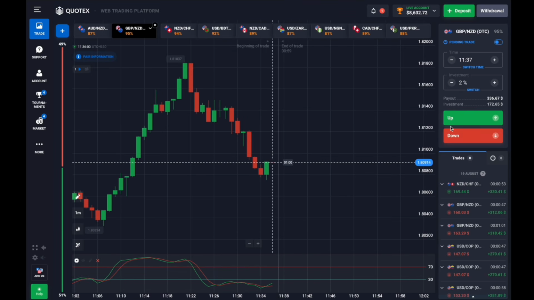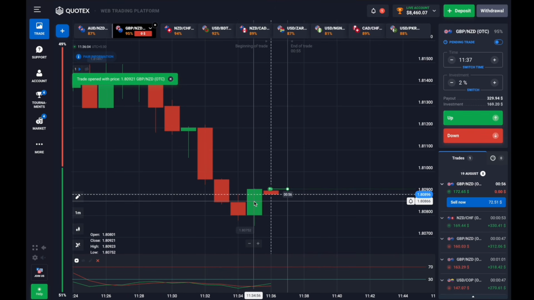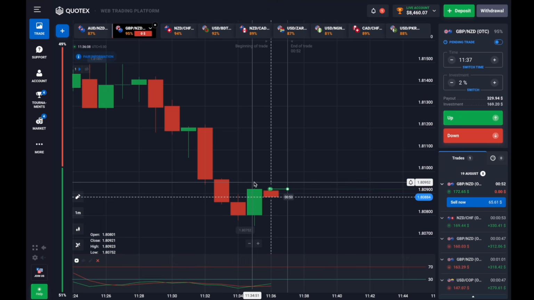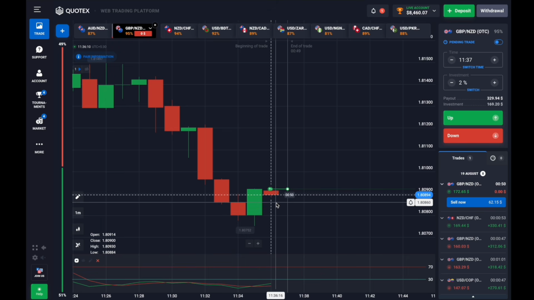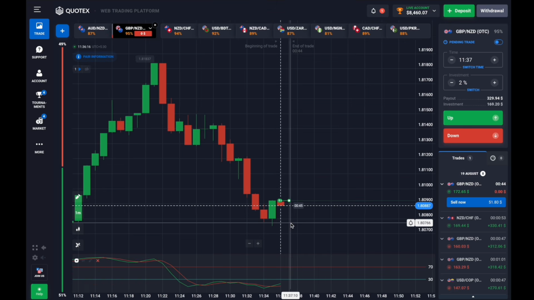At the very first glance, it may look like I'm taking a counter trend trade, but look closely at the confirmations. My first confirmation is we have a strong bullish engulfing candle that has completely engulfed the previous red candle. This shows strong buying pressure and indicates that buyers have stepped into the market.